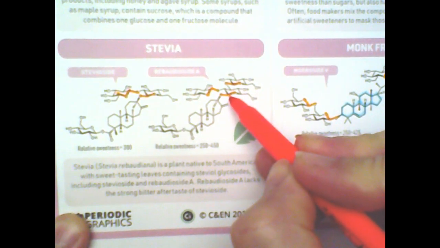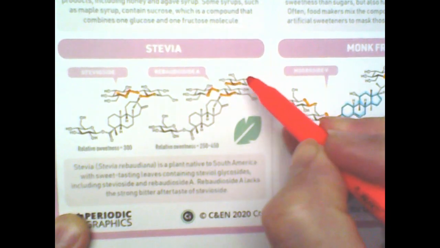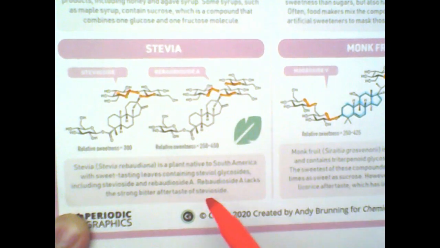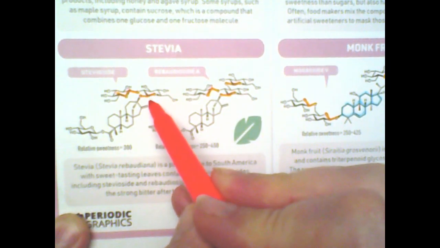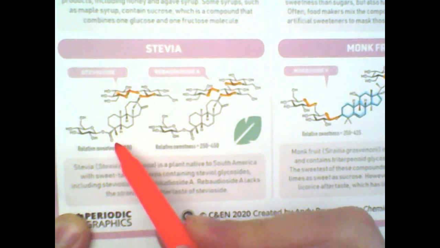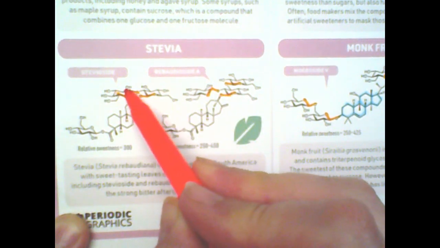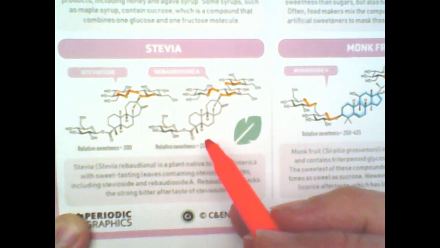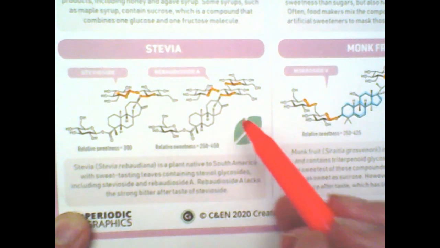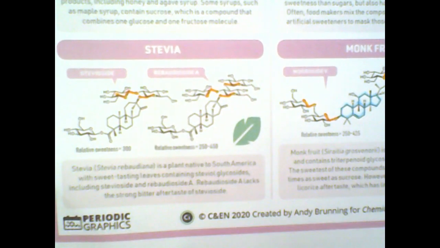And in each case, this just has 1 carbon coming off of it. This has 1 carbon. This has 1 carbon. 1 carbon. 1 carbon. So in every case here, these are at the end of a carbon chain. So these are all aldo sugars that we're looking at in these steviosides.